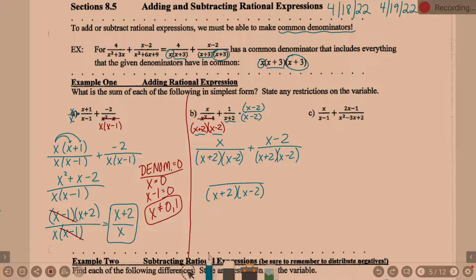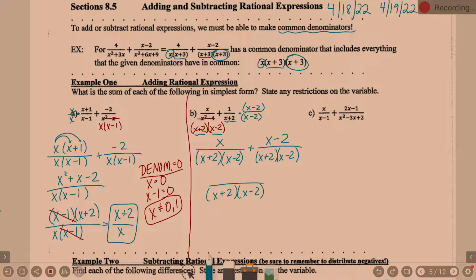Usually we leave it in factored form. Okay, now we're adding. How do we add our numerators here? We have x here, plus, we're adding it to an x minus 2. Are there any like terms I can actually add?